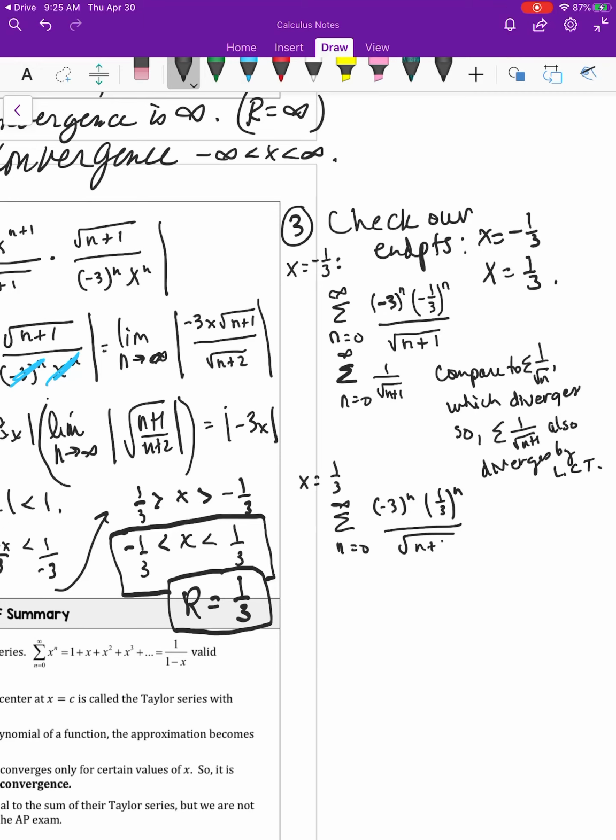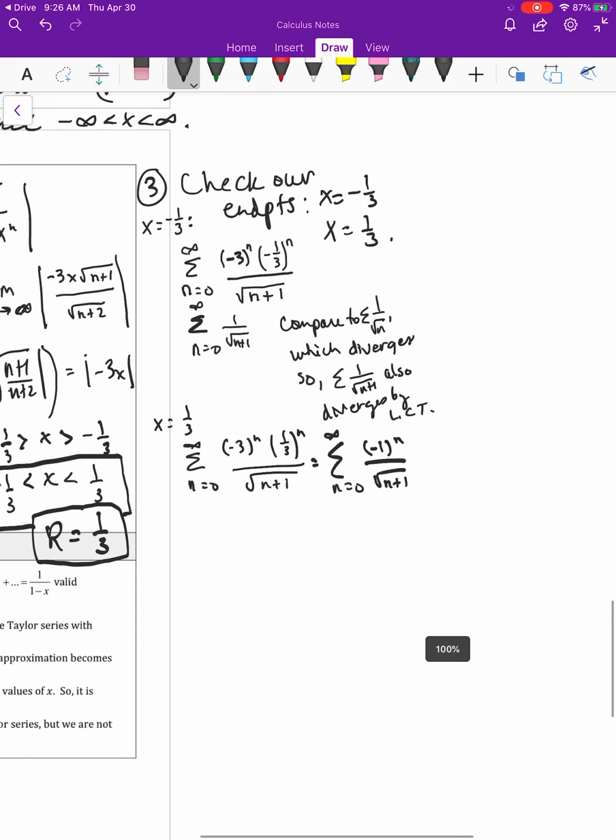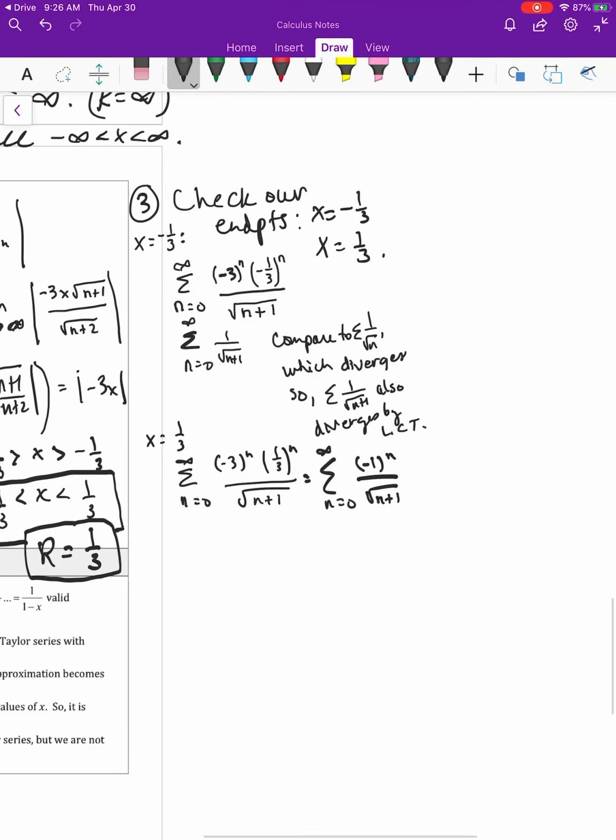Summation n equals 0 to infinity. We've got our negative 3 to the n. We've got our positive 1/3 to the n over the square root of n plus 1. So now this one simplifies. When I multiply negative 3 times 1/3, this one simplifies to negative 1 to the n over the square root of n plus 1.